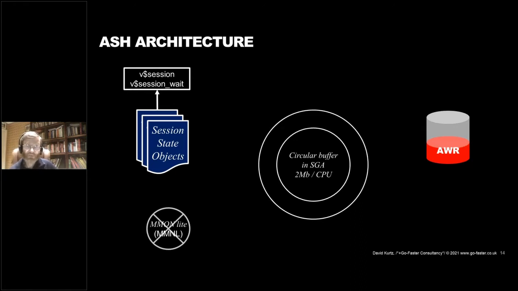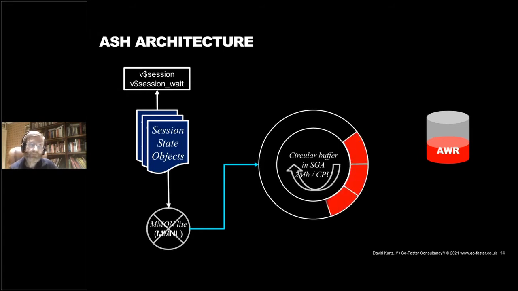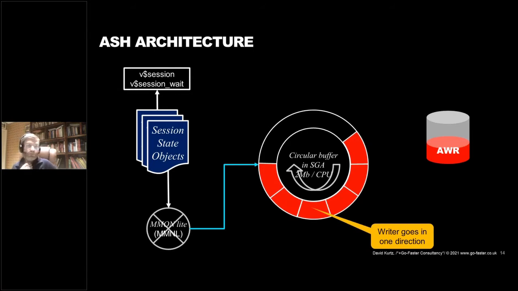And the job of MMNL is to read that session state object and write it into the circular buffer. And it just goes round the circular buffer, round and round, until it overwrites what's there before. Like that. And the writer goes one direction, and the readers go the other direction.